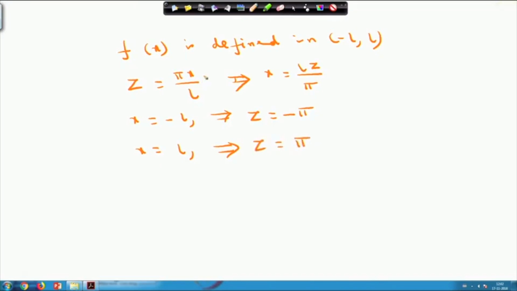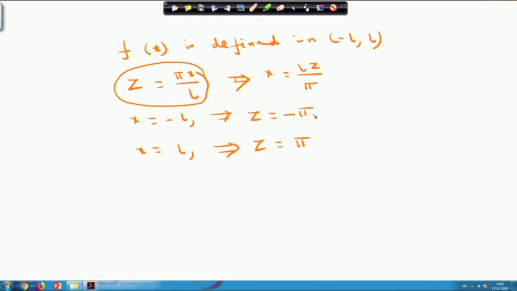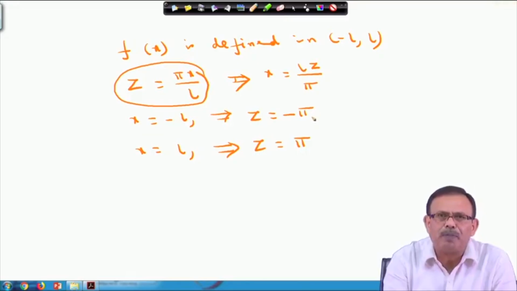So basically, what we have done is make the substitution z equals pi x by L, and by this substitution we are changing the interval, or the range of the function, from minus L to L to minus pi to pi. Whenever I substitute z equals pi x by L, the limits also change from minus pi to pi, and I know the formulas for minus pi to pi already.